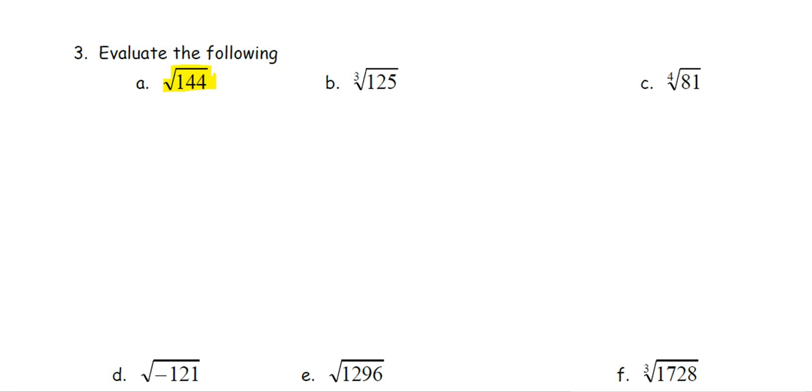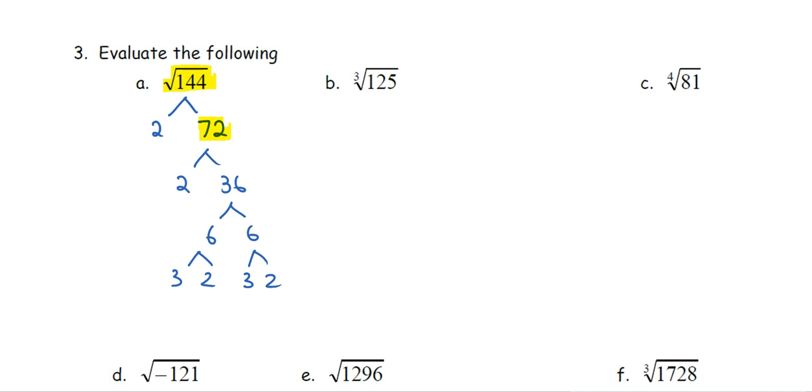If I have 144, let me think of 2 numbers that go into 144, and that's going to be 2 and 72. Well, 2 I can't break down, but this 72 I can still break down. If I break down 72 using 2 again, this will give me 2 and 36. And 36 I can break down to 6 and 6, and this will be a 3 and 2, and this will be 3 and 2.